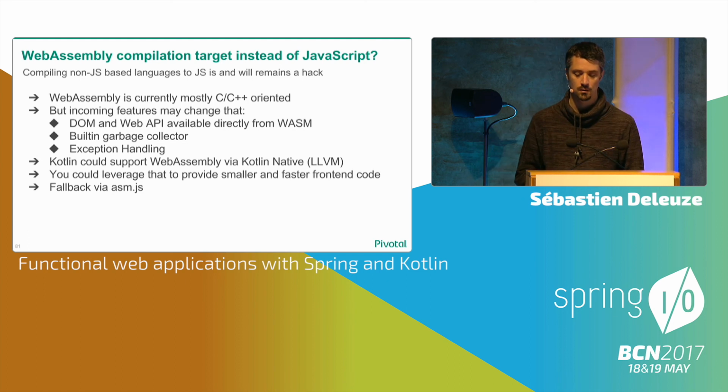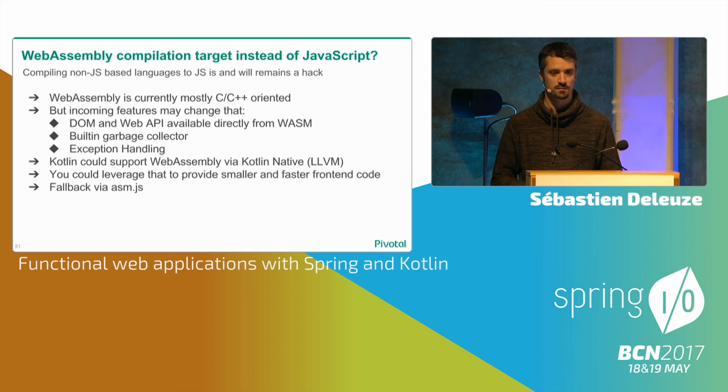But the idea would be to leverage Kotlin Native to compile to WebAssembly through the LLVM toolchain. And if your browser has no WebAssembly support, it will gracefully use asm.js to execute it, because WebAssembly is basically the next step after asm.js.